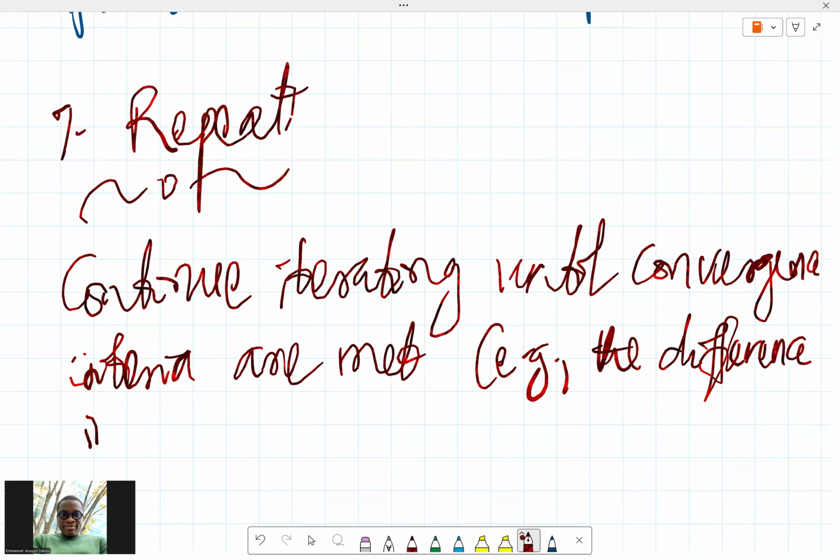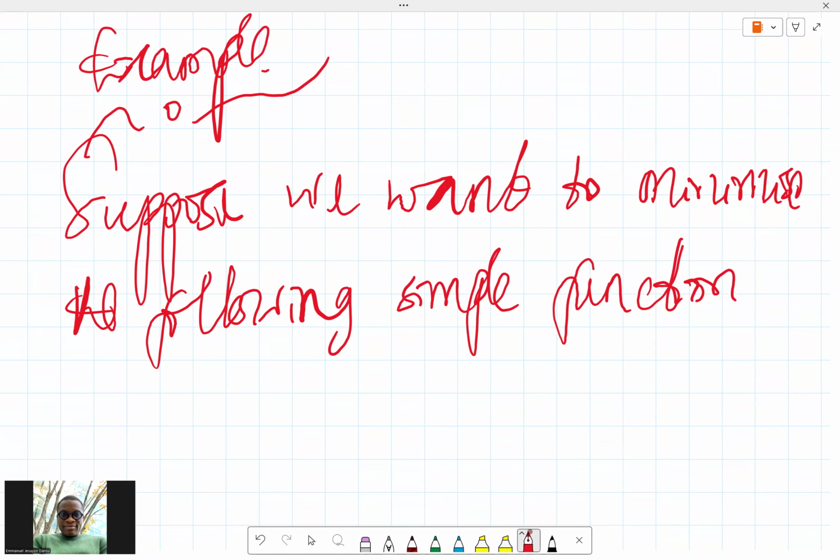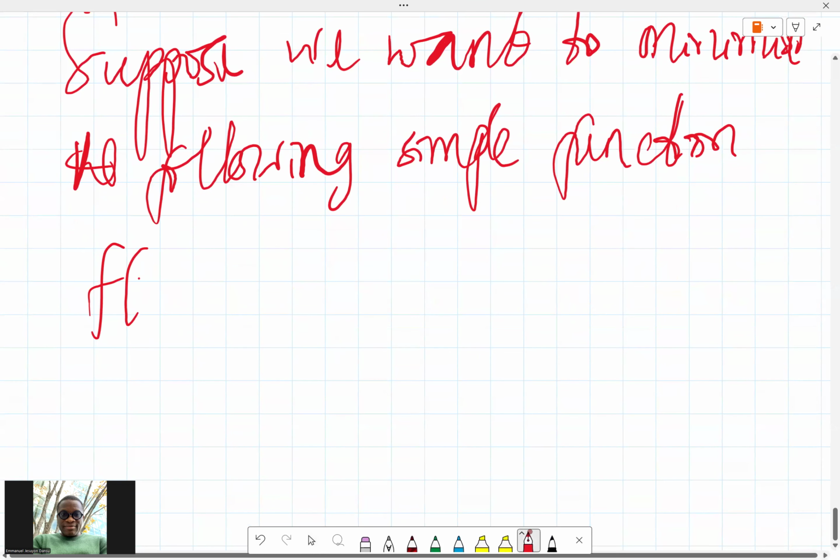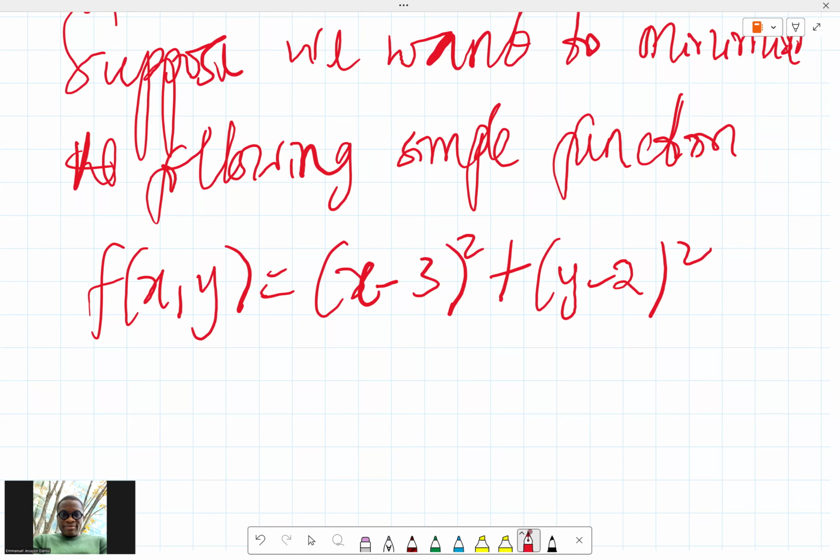Suppose we want to minimize the following simple function, that is f of x comma y equals x minus 3 raised to power 2 plus y minus 2 raised to power 2. Now, this function can be differentiated, so we can use any of the gradient-based methods for it, but we just want to use the derivative-free method on it.